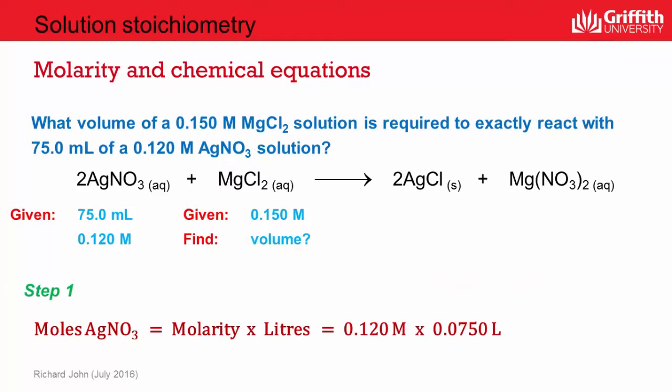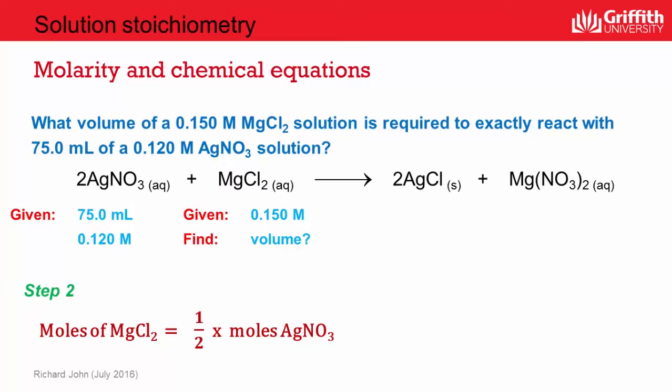We substitute these two values in with the 0.12 molar that's been given in terms of the molarity of silver nitrate, and we've been given 75 mils of silver nitrate, and we convert that into litres, 0.0750 litres of silver nitrate. Plug that into our calculator and we get 9.00 by 10 to the minus 3 moles of silver nitrate.